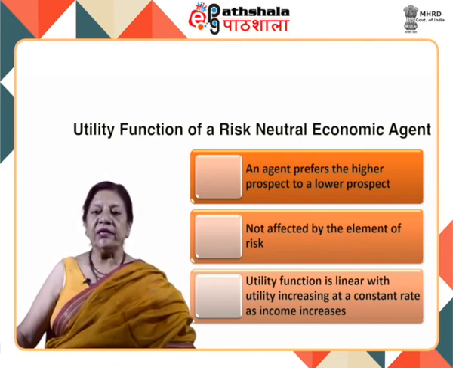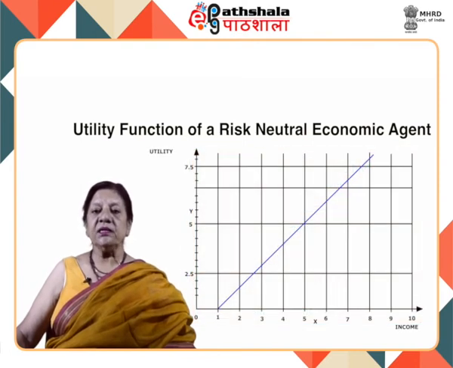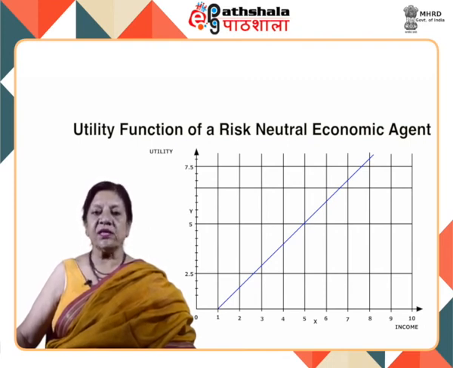His utility function is linear, with utility increasing at a constant rate as income increases. Consider a utility function such as U = Y. In this case, the chord between any 2 points coincides with the utility function.